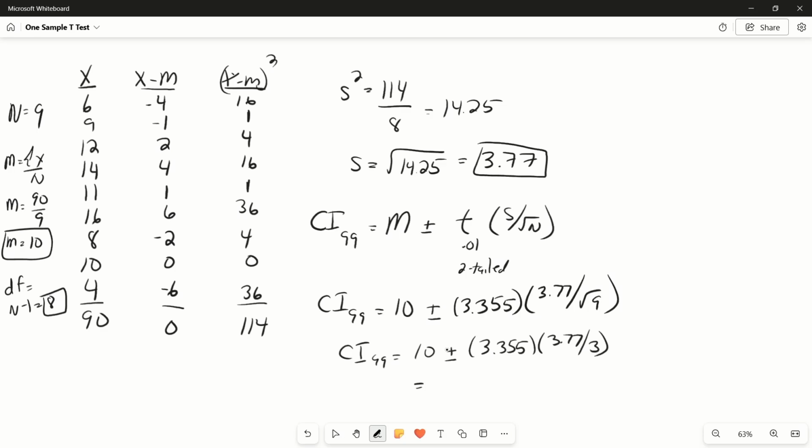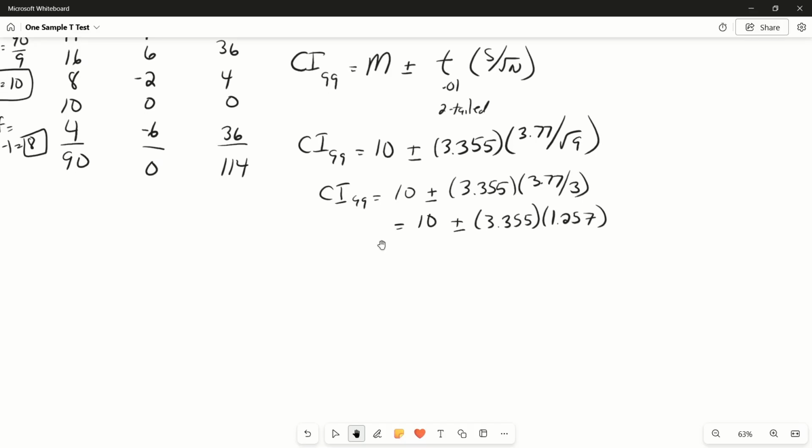So that's going to be 10 plus or minus 3.355 times this simplified, which is 1.257. Like I said, if you round a little bit, you're going to be a bit off. I like to keep the 3 decimal places, but if you round to 2, it's not going to be that far off. It's okay.